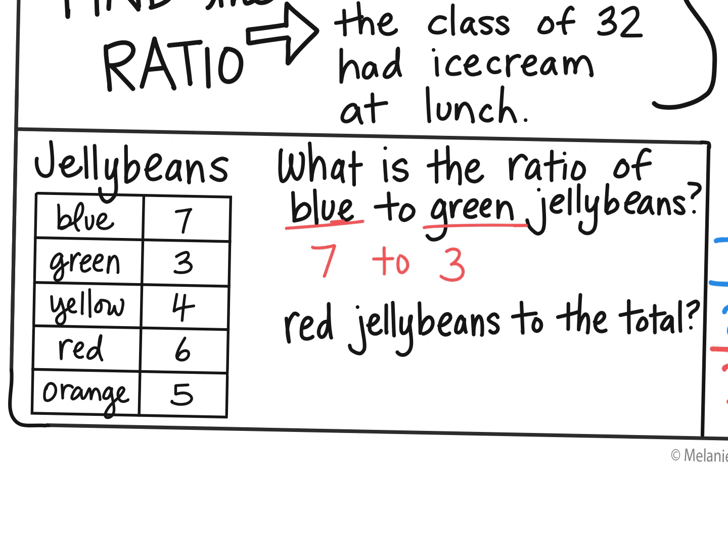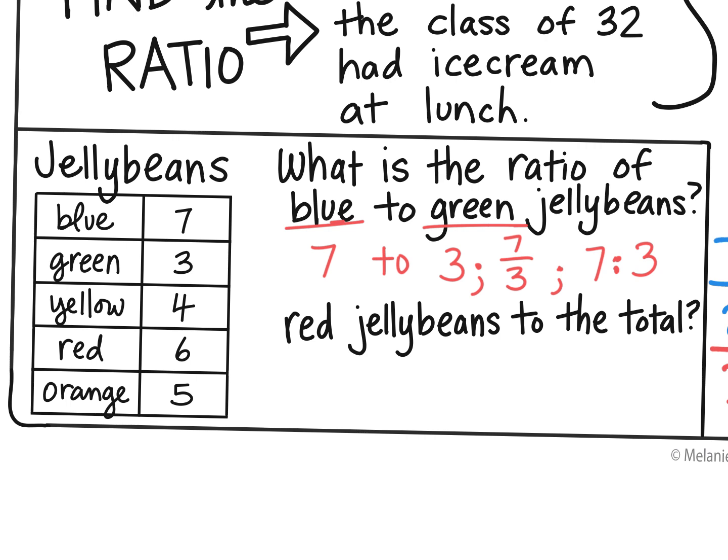What's another way to write that ratio? The fraction bar, 7 to 3, or the colon, 7 to 3. If you wrote any of those, you would get credit because they're all technically correct. There are 3 ways to write one. You pick what you like.